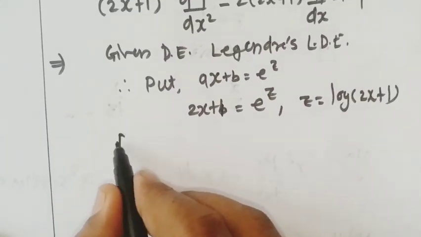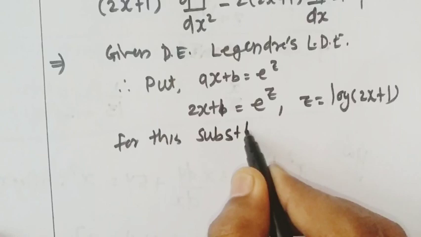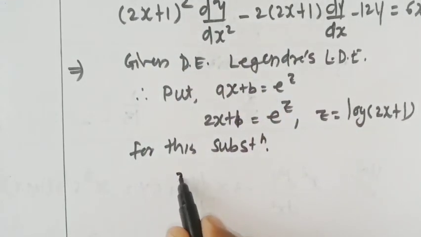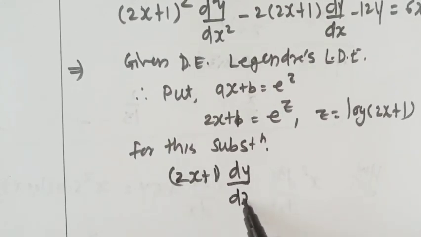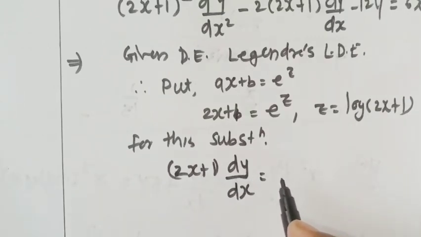For this substitution, we replace (2x + 1) dy/dx, that is (ax + b) dy/dx, by a times capital D y.